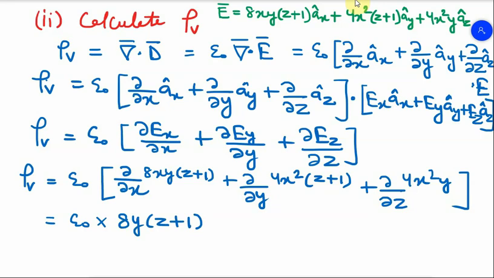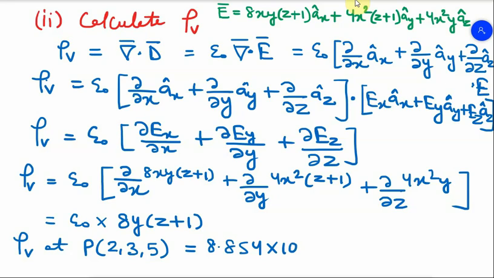Now the point is known to you, so rho v at point P. The point P was 2, 3, 5. So rho v at 2, 3, 5 is epsilon 0, 8.854 into 10 to the power minus 12, multiplied by 8y, meaning 8 into 3, and inside the bracket z plus 1, that is 5 plus 1.